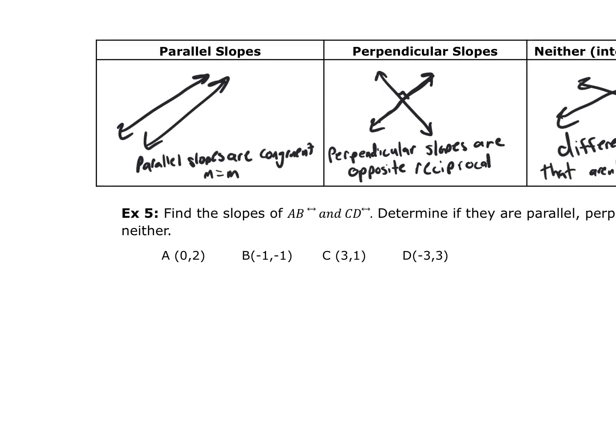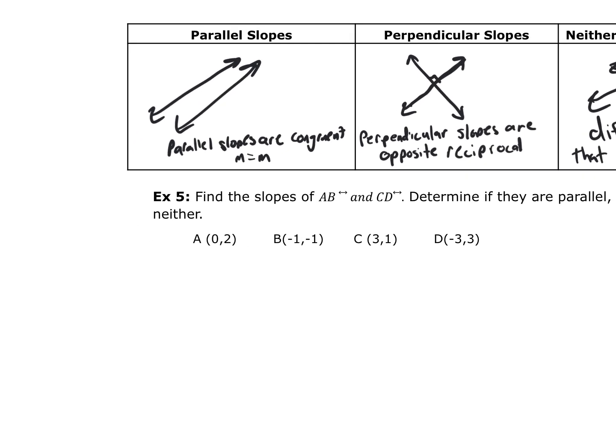All right, slopes of AB and CD here. So we got to find the slope of AB. So that's going to be -1 minus 2 over -1 minus 0. -1 minus 2 is -3. -1 minus 0 is -1, which simplifies to 3. Anything negative divided by negative is a positive.